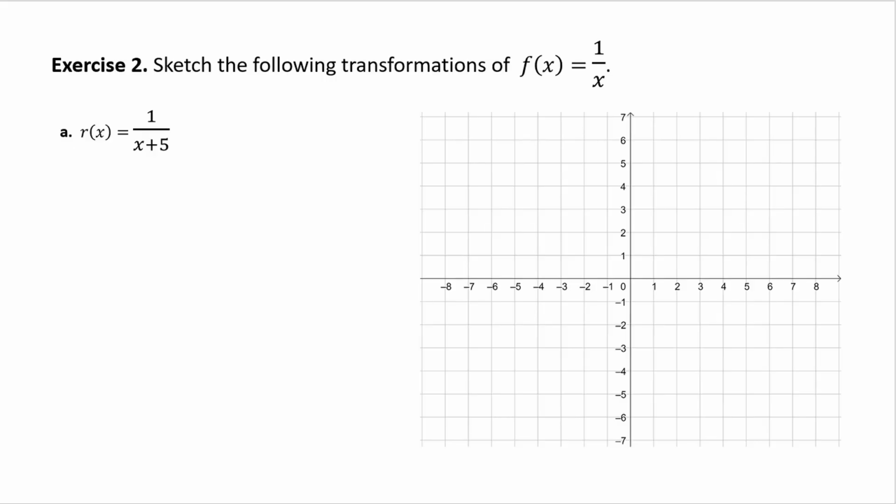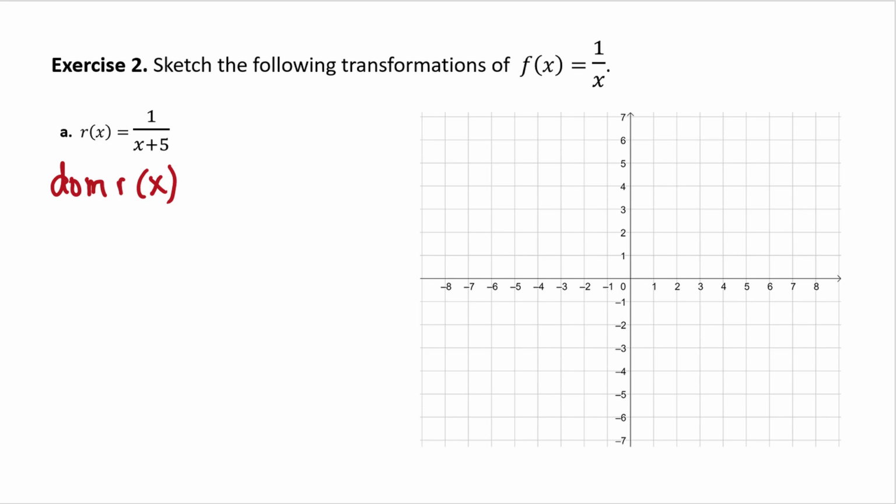Sketch the following transformations of f of x equals 1 over x. Part A, r of x equals 1 over x plus 5. Let's note that for this function, r of x equals 1 over x plus 5, we have a restricted domain. That domain is such that x cannot be negative 5.